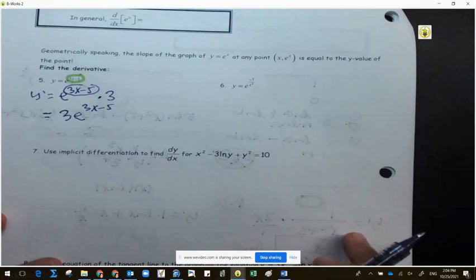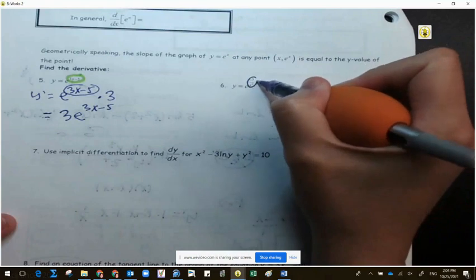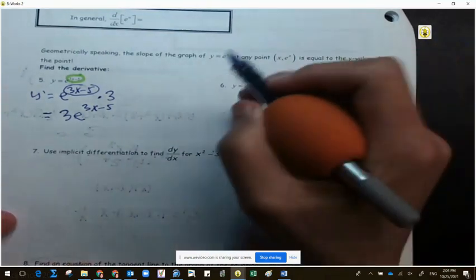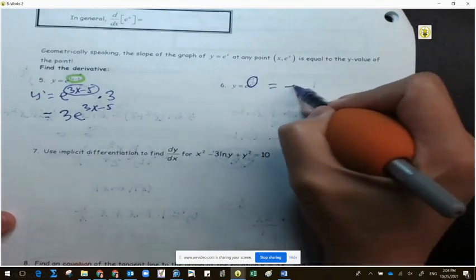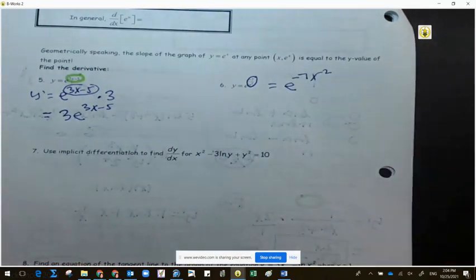All right, for number 6, before we circle this piece, I want to rewrite all that without a quotient. So let's rewrite this. I see e to the power of negative 7x to the negative half. Just so that I can make it easier and not use product or quotient rule in the end. So here we go.